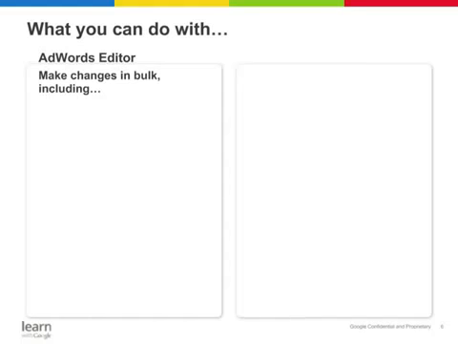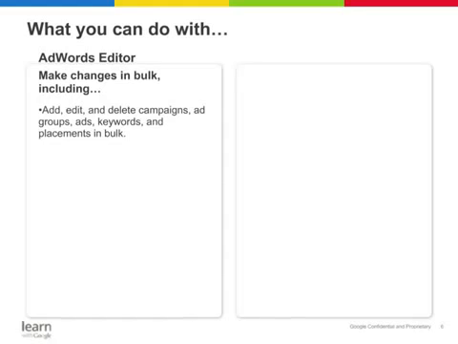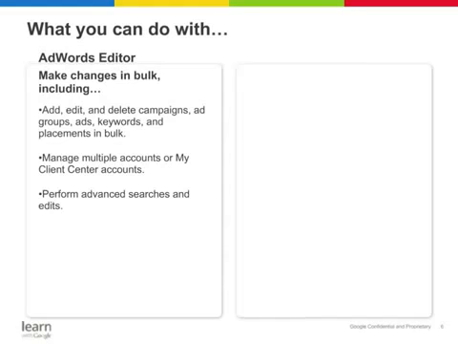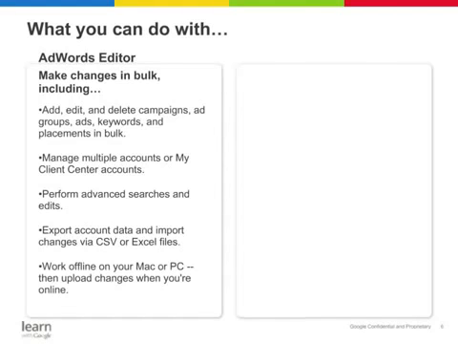With AdWords Editor, you can add, edit, and delete campaigns, ad groups, ads, keywords, and placements in bulk. It does give you the ability to manage multiple accounts or My Client Center accounts. You can perform advanced searches and edits, import and export data using CSV and Excel files, and you can work offline on a Mac or a PC and then upload the changes when you're online.